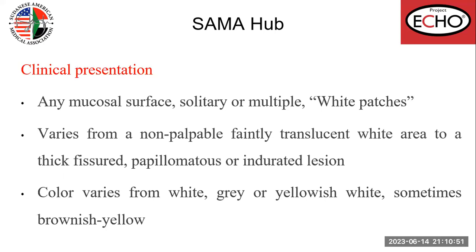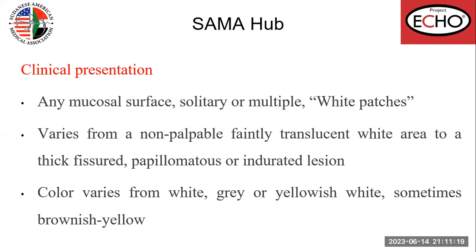The clinical presentation of leukoplakia: it can occur on any mucosal surface. It can be a single solitary lesion, or multiple white patches. So it varies in the number of lesions. It also varies in appearance from a non-palpable, faintly translucent white area to a thick, fissured, papillomatous or indurated lesion. So it does not have a typical shape.